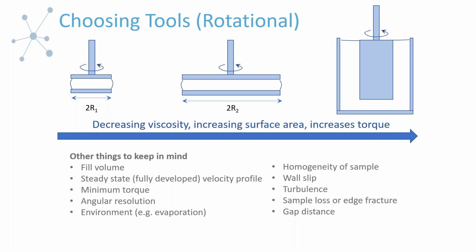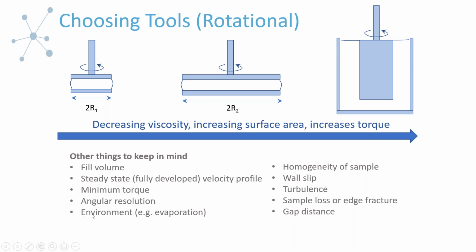Generally you'll get some indication in the software, but if you're not paying attention, you might use data that's below the minimum torque, or below the minimum angular resolution. And by angular resolution, I just mean the tool needs to know that it's moved or displaced a certain angle. It has to move a certain distance before it knows that it's moved.